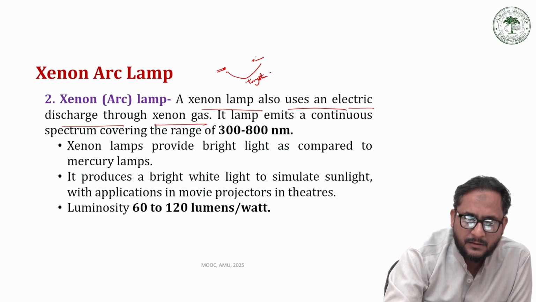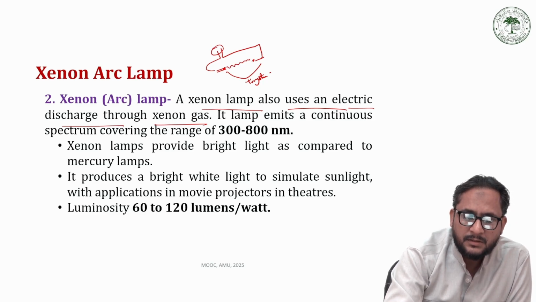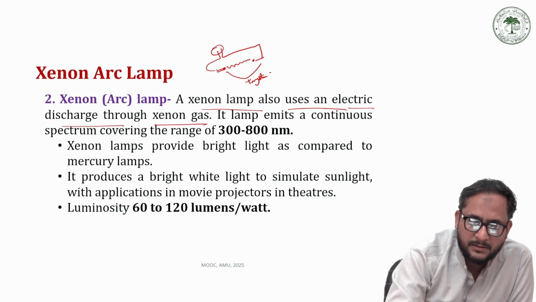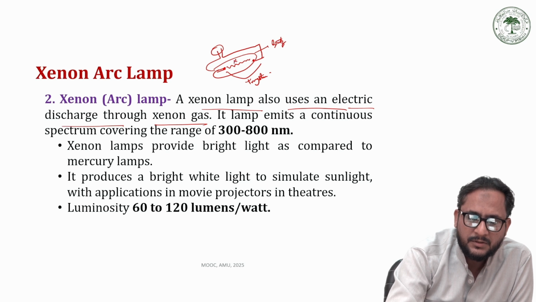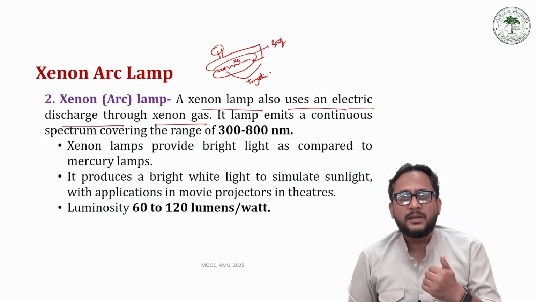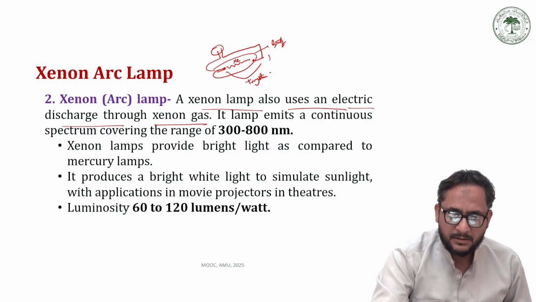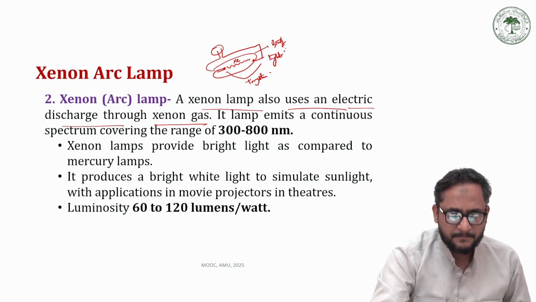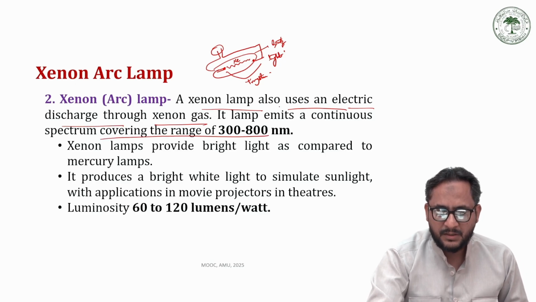When they are connected to the input power source and the switch is on, an arc is created between these two electrodes. Since this quartz tube is filled with xenon gas, it immediately causes ionization of the xenon gas, producing light. They cover the spectrum 300 to 800 nanometers.